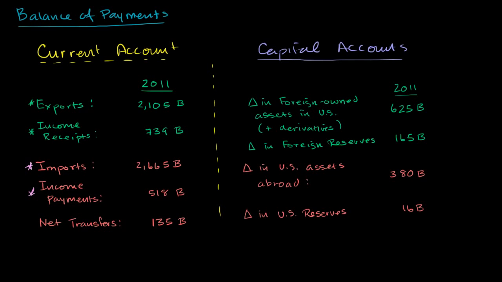And so this last part right over here, this is net transfers. This is literally just on a net basis, Americans giving money away to the rest of the world. And since Americans give away more than they receive from the rest of the world, we're not talking about a transaction. This is just pure, I'm an American citizen, I give money to my mom in France, or this could even be foreign aid, the U.S. government giving aid to a country.